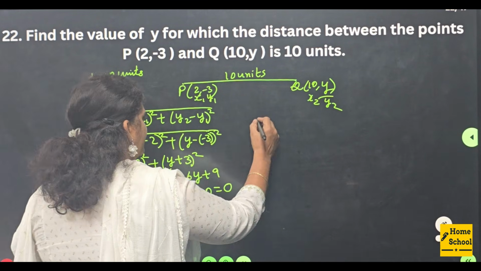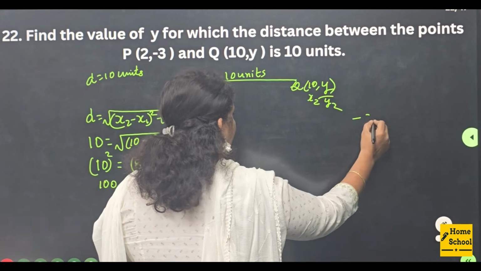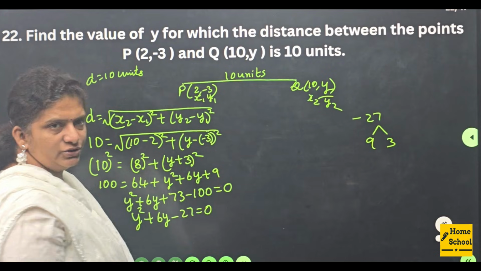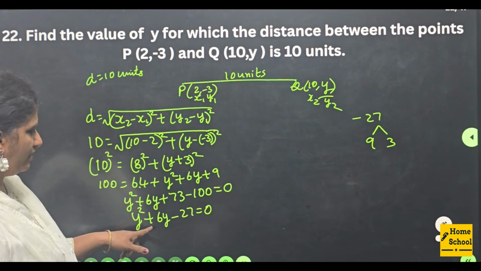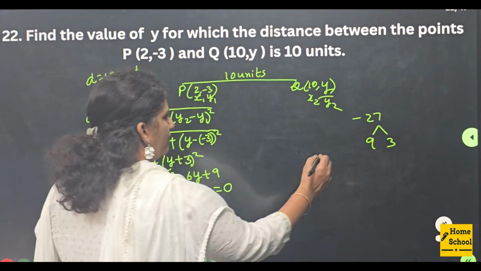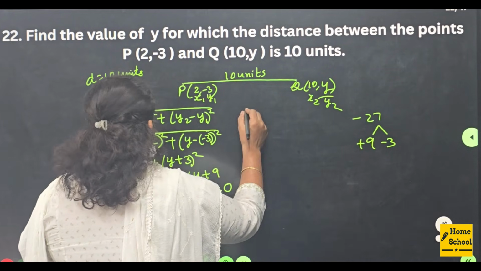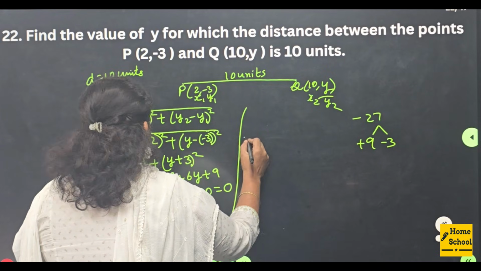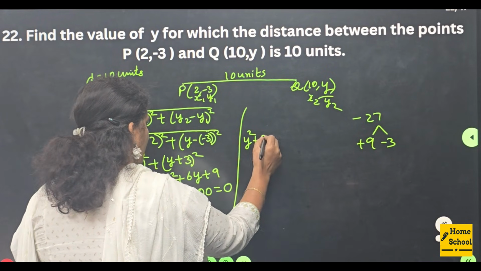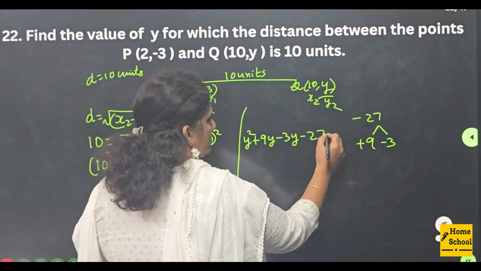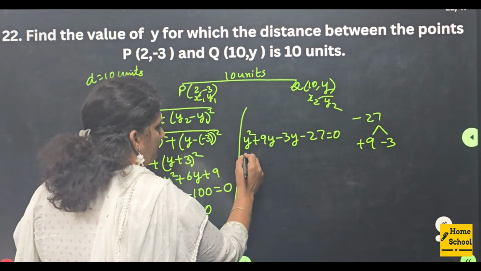What are the factors here? Minus 27, find the factors. 9 3s are 27. I should get here plus 6. Plus 6 means plus 9 minus 3. That is y square plus 9y minus 3y minus 27 equal to 0.